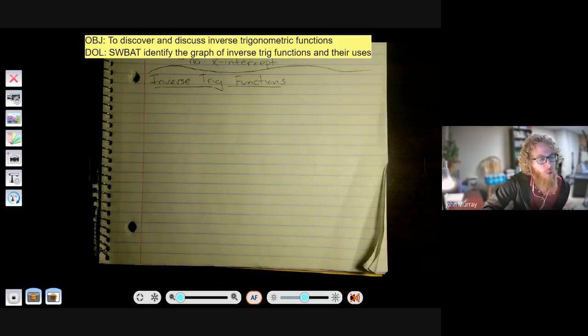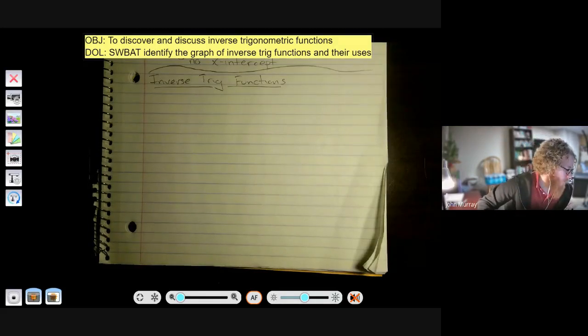We have the square root and x squared. Those are inverse operations. They do the opposite thing of one another, to put it in very basic terms, not very mathematical. So for our trig functions, sine, cosine, and tangent, we have inverse trig functions as well.